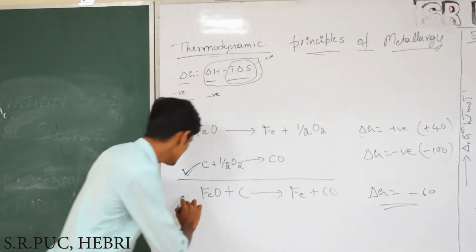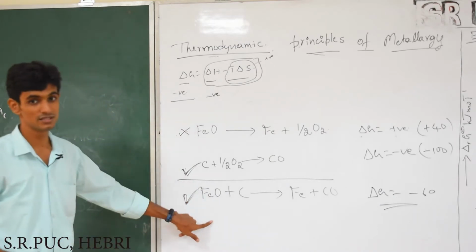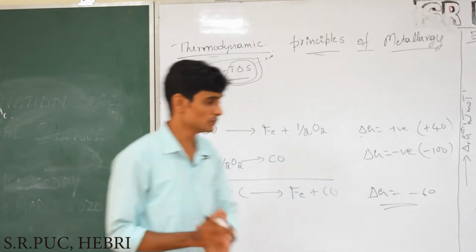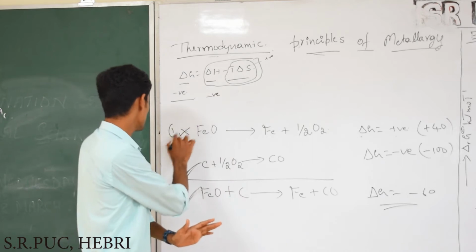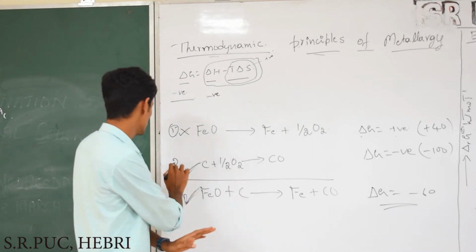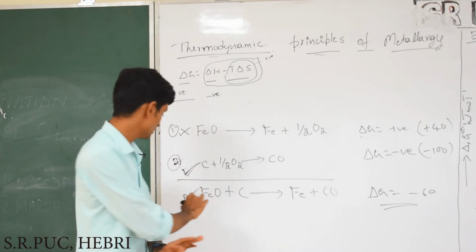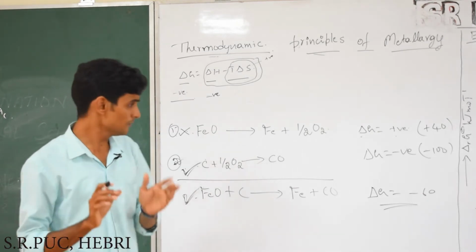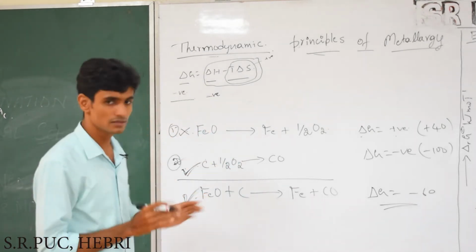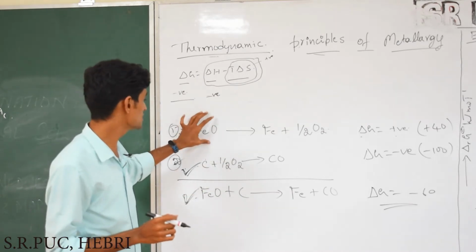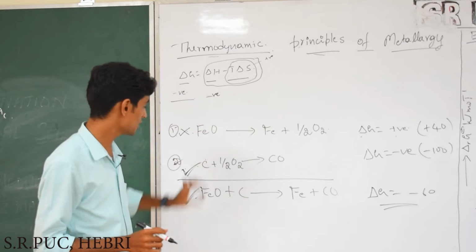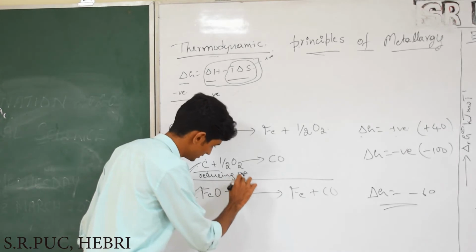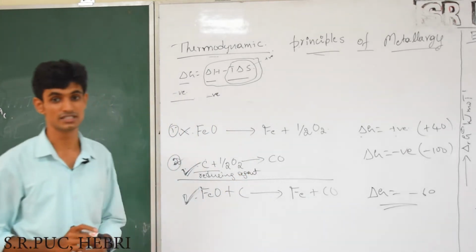So now this reaction is possible because delta G is negative here. Standalone, reaction 1 is not possible and reaction 2 is possible. If you combine these two reactions, then the whole reaction is possible. By taking advantage of this principle, we reduce this iron oxide using carbon as a reducing agent. This is nothing but the reducing agent.